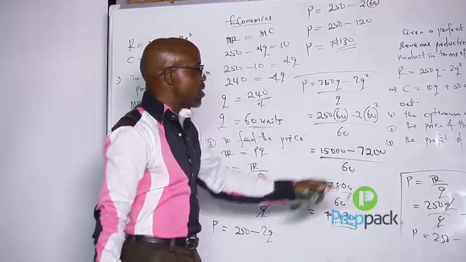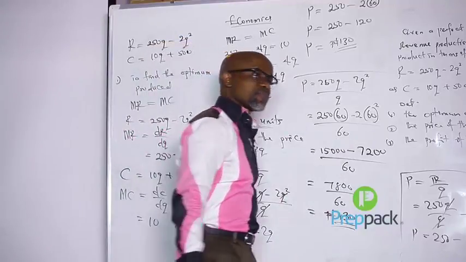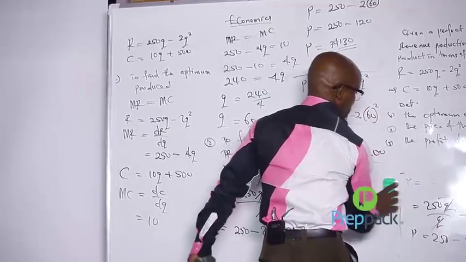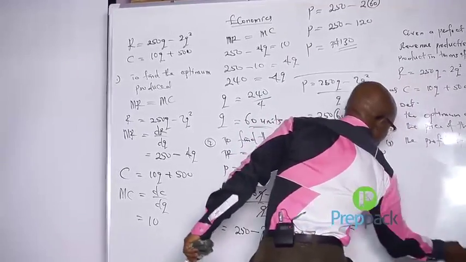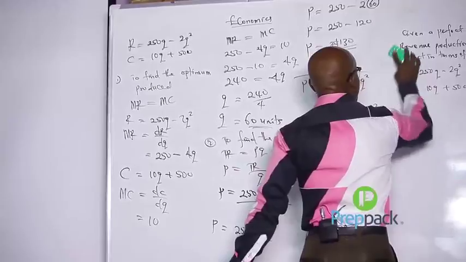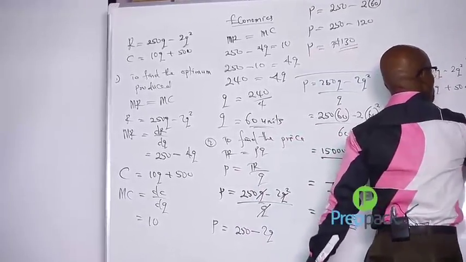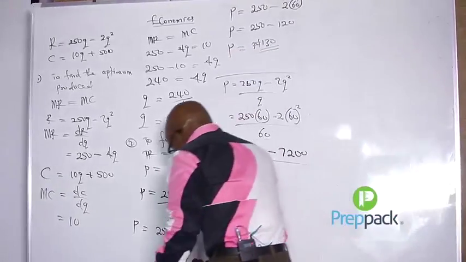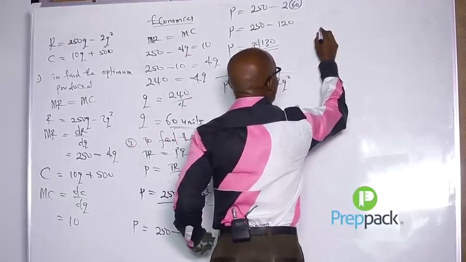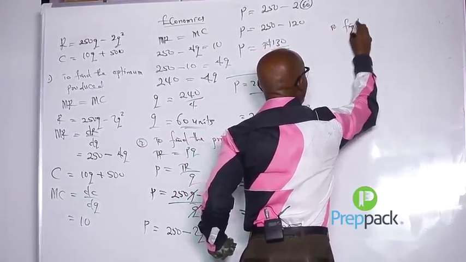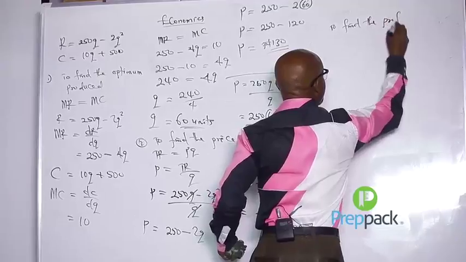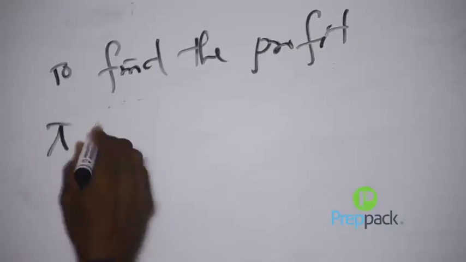The last question, we're asked to find the profit. Find the profit of the firm. Now, let's see how we get the profit. To find the profit, that says profit equals TR minus TC.